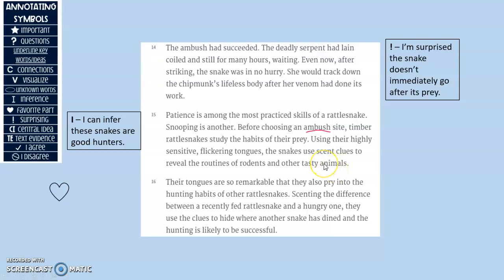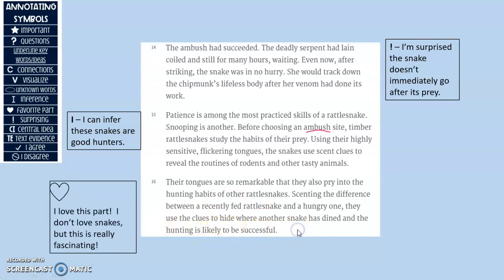Their tongues are so remarkable that they also pry into the hunting habits of other rattlesnakes. Scenting the difference between a recently fed rattlesnake and a hungry one, they use the clues to hide where another snake has dined and the hunting is likely to be successful. So I put a heart here, which might seem really weird because actually I don't like snakes at all. But this really fascinated me.